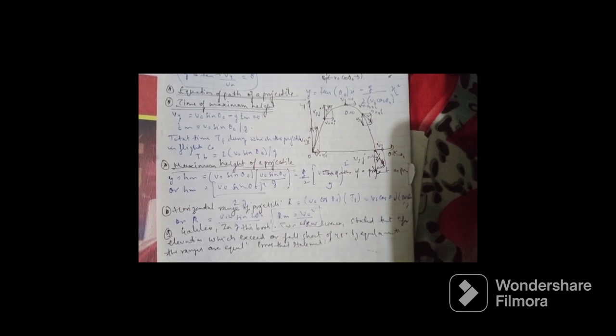For a projectile launched with velocity v naught at an angle theta naught, the range is R equals v naught squared sine 2 theta naught upon g. For angles 45 degrees plus alpha and 45 degrees minus alpha, we get 90 degrees plus 2 alpha and 90 degrees minus 2 alpha respectively.